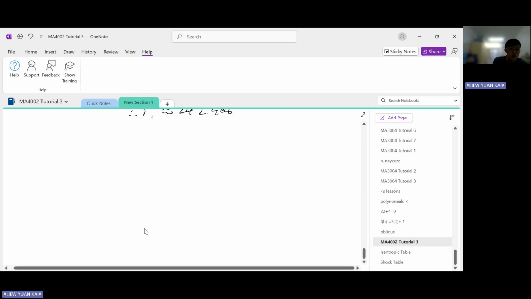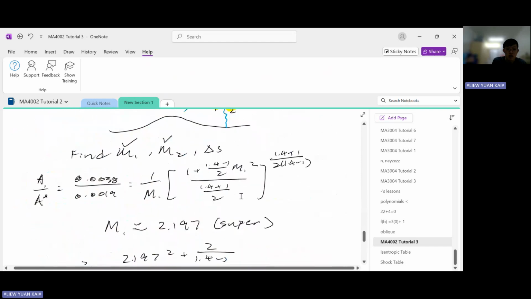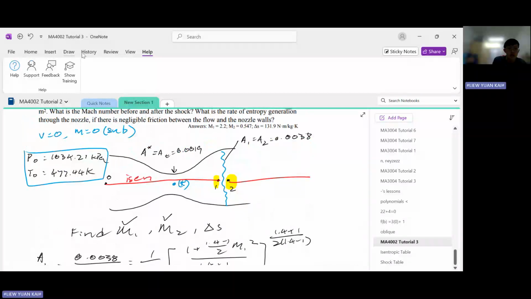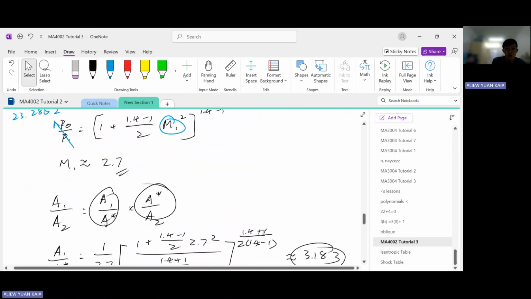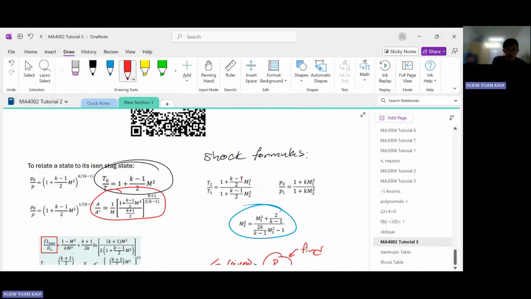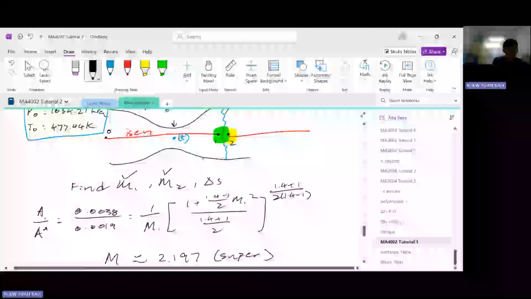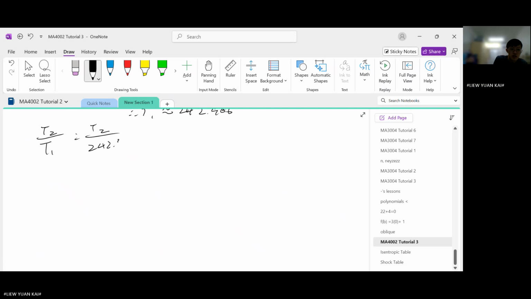Now next we find T2. So how do we find T2? Okay, because 1 and 2, remember 1 and 2 are related by a shock, right? I'm talking about these two are related by shock, therefore we use the shock formulas. So you go to the list of shock formulas, and since I want temperature, I shall use this one, right? So T2 over T1 is equal to, T2 is unknown, T1 is the one that we just found.